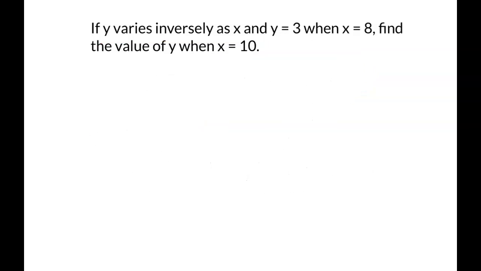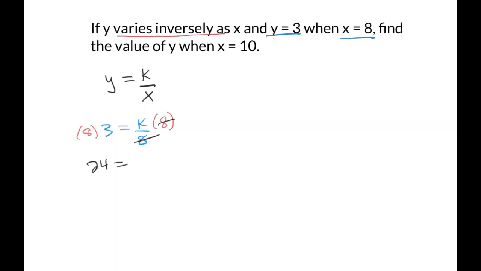Here's that phrase again, varies inversely as. So that translates to y equals k over x. I put my numbers in. I'm told that y equals 3 when x equals 8. I solve for k by multiplying both sides by 8, and I get 24 equals k, or k equals 24.